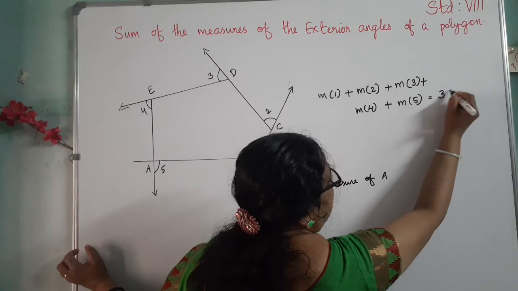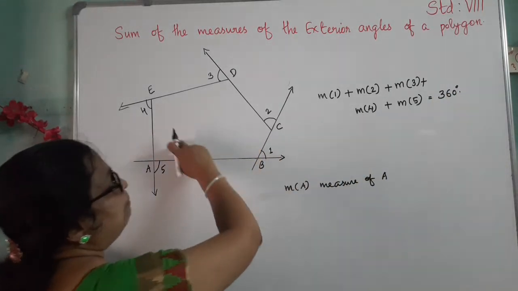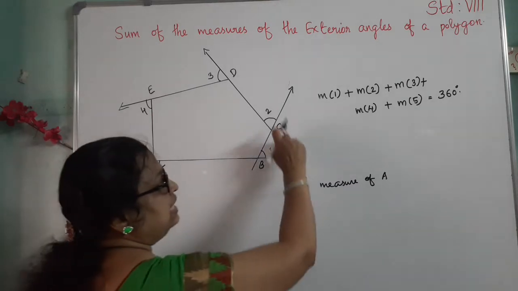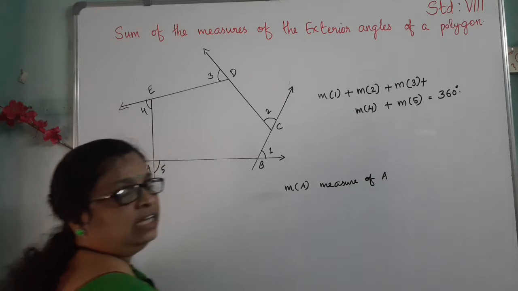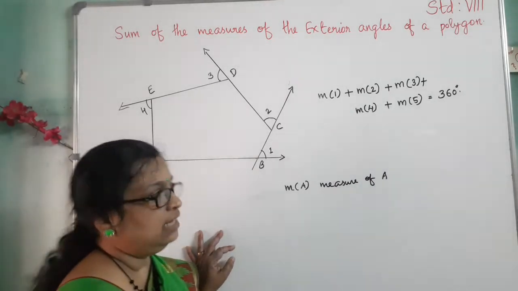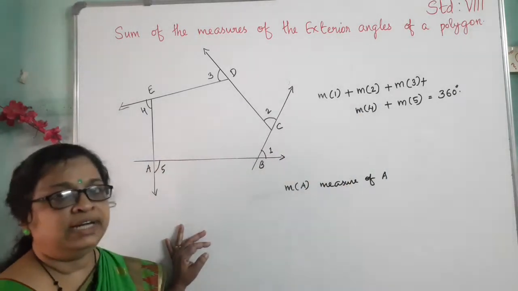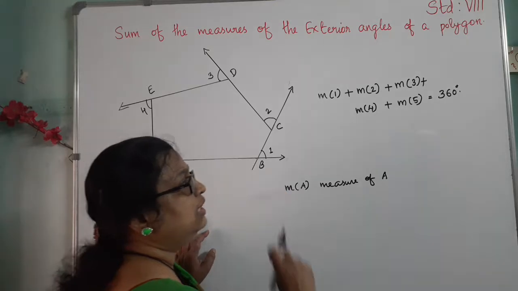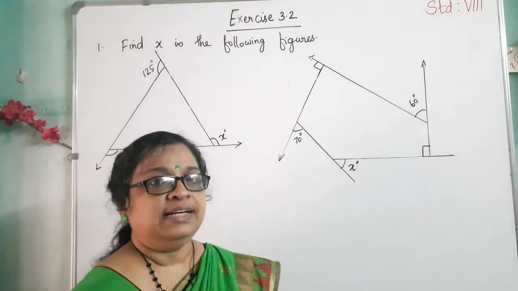That will be 360 degrees. Learn this by heart: the sum of measures of exterior angles of any polygon is 360 degrees. If one of the exterior angles of a regular polygon is given, then using that the sum is 360 degrees, we can find out the number of sides. Okay, now we can do the exercises.